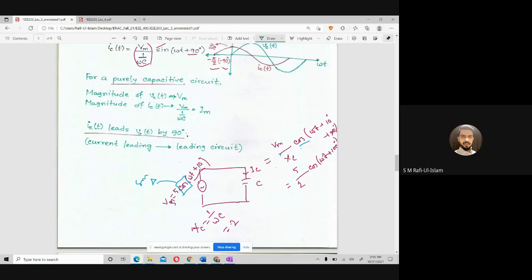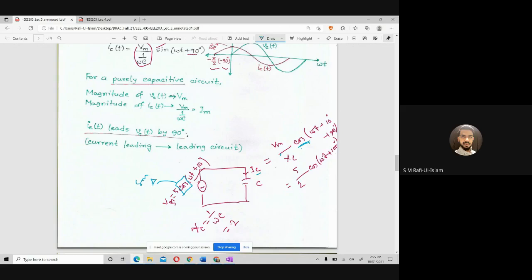Since I didn't say to express everything in terms of cosine, now my reference voltage is cosine. So whenever you get the current, it has to be written in cosine also. But if somebody thinks, oh, I have learned everything about sine, I have no issue, convert this one to sine.